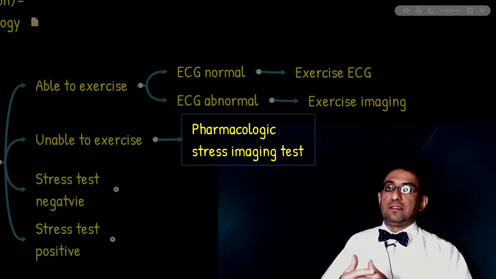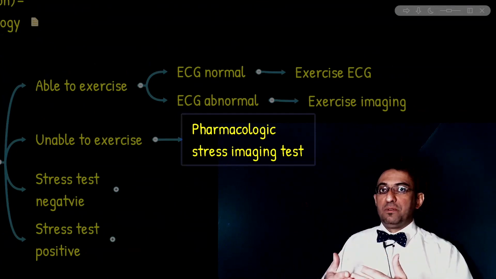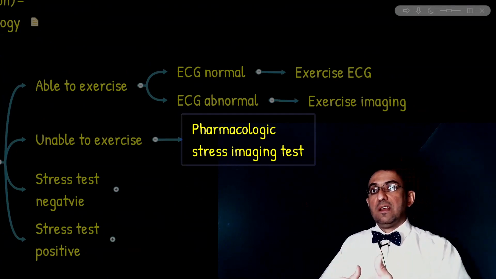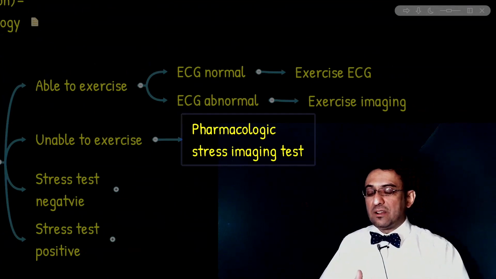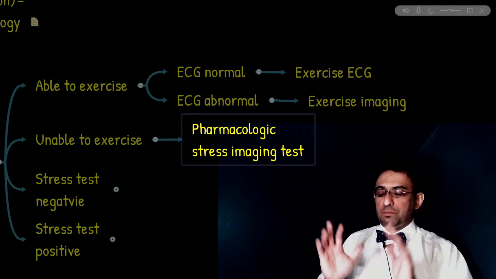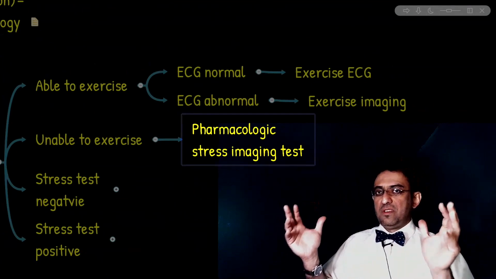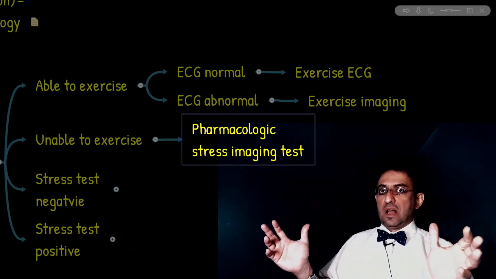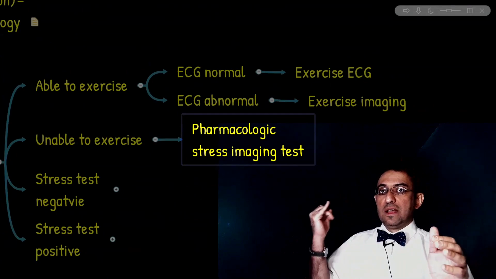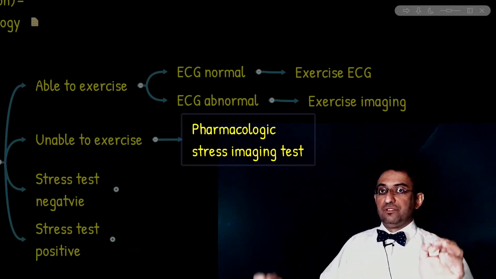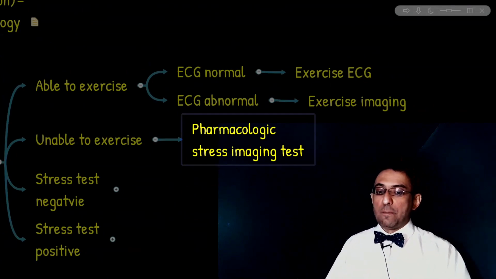Remember, we mentioned that a second mechanism of action of dipyridamole, in addition to inhibiting phosphodiesterase, is to inhibit the reuptake of adenosine. And thus, put simply, both arms of pharmacologic stress, that is dipyridamole and adenosine compounds, are contraindicated in patients who have bronchoconstriction.